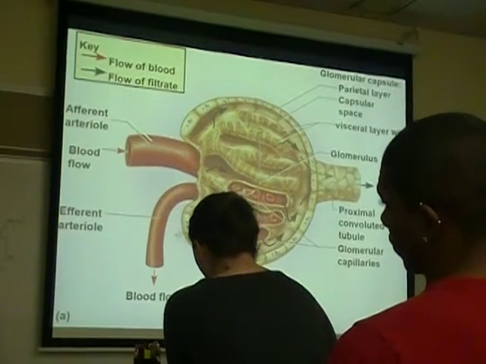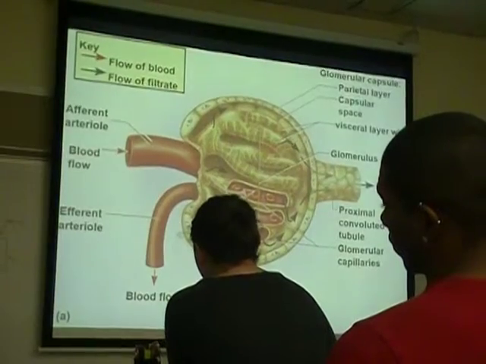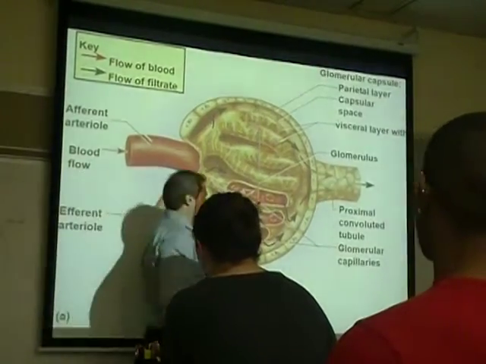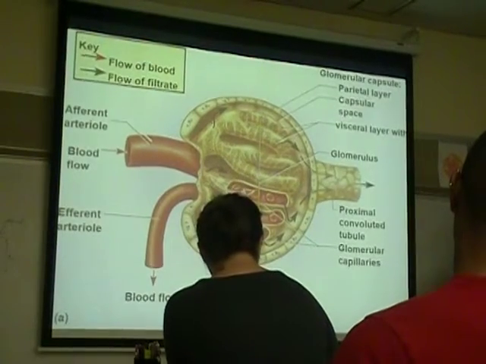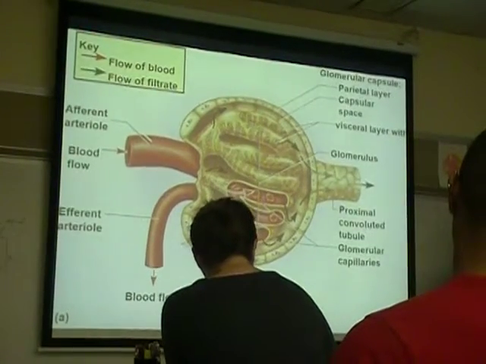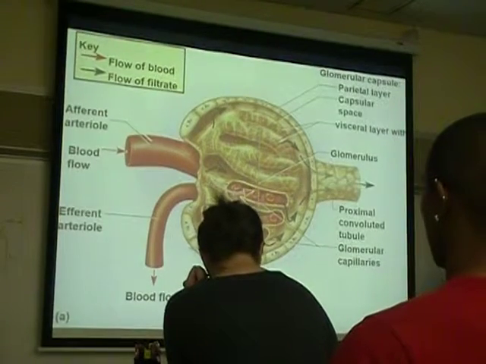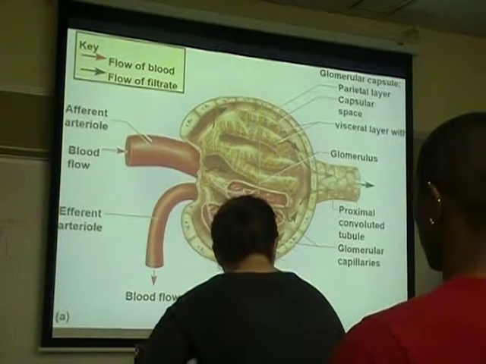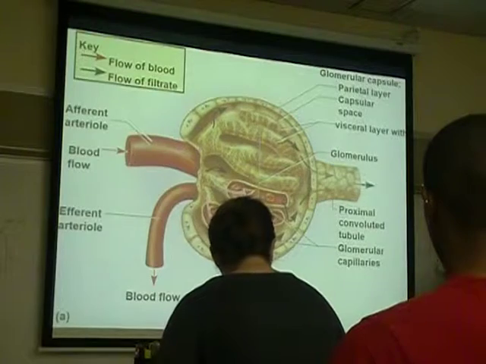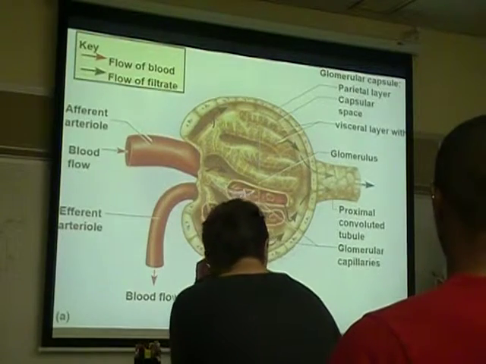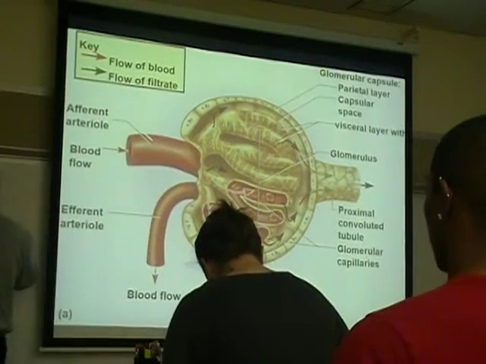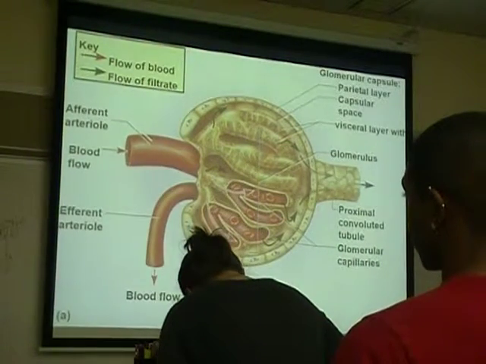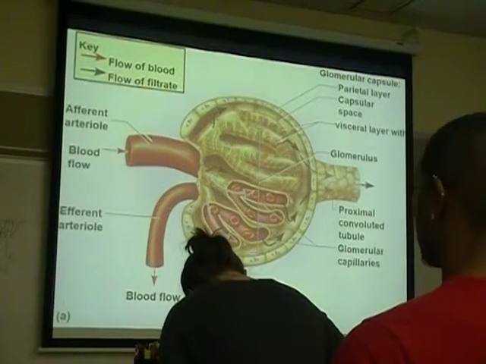What type of apical modification might you expect to see on cells in the PCT that are actively reabsorbing stuff like glucose or amino acids? Anybody? Yes, microvilli. You'd expect to see a whole bunch of microvilli on the apical surface of those cells, okay?